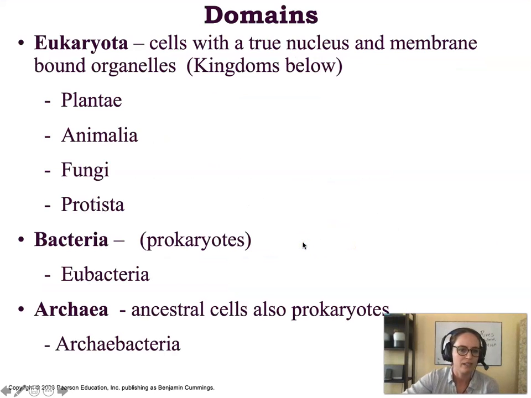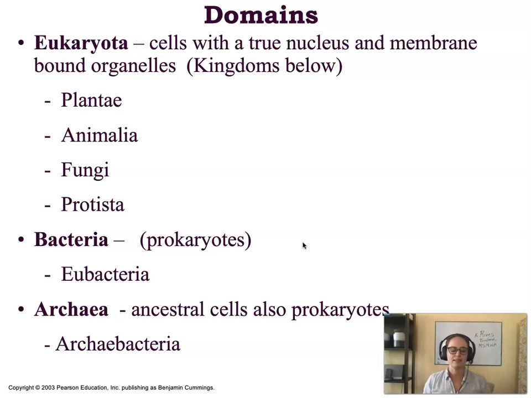Okay, so we need to move on to how we're going to classify organisms. There is a whole phylogenetic tree, and we're not going to do the whole phylogenetic tree. It starts with what domain of life an organism is in, and there are 3 basic domains of life. Humans are eukaryotes.